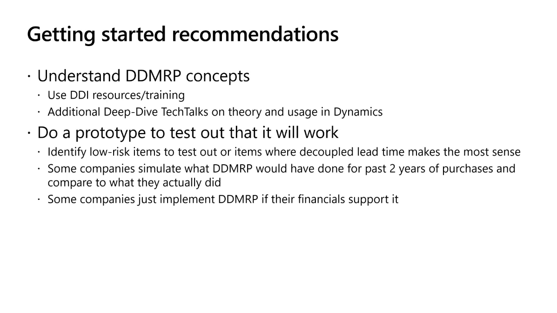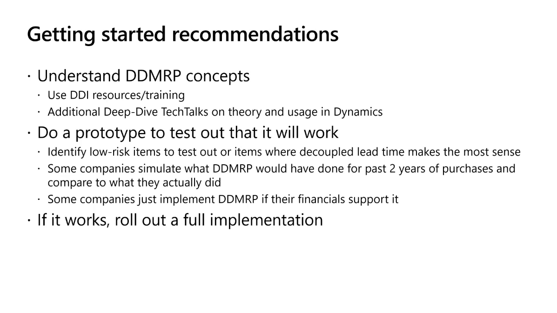If you have the financials to support the potential fluctuations in inventory, you could just go and implement DDMRP throughout your entire product offering. But as I said, we recommend that you prototype, test it out, and play with the different factors and variables that are available to you to make sure that you have a model that supports your business appropriately to really get those benefits that we talk about from DDMRP. And then once it works, then we plan the rollout of the full implementation.